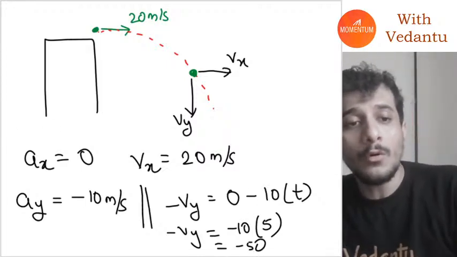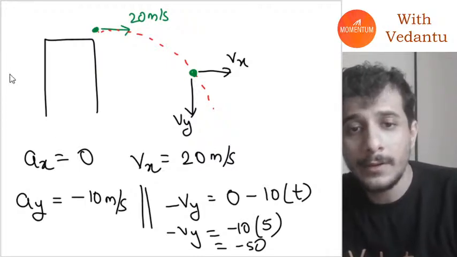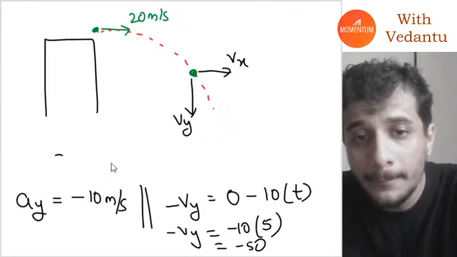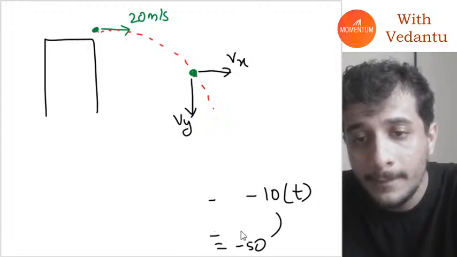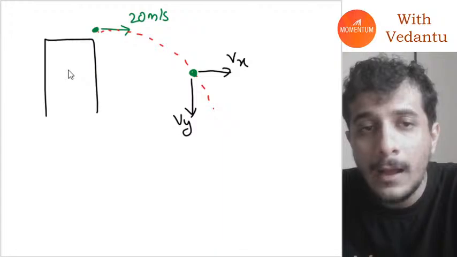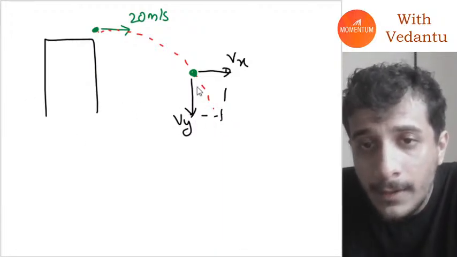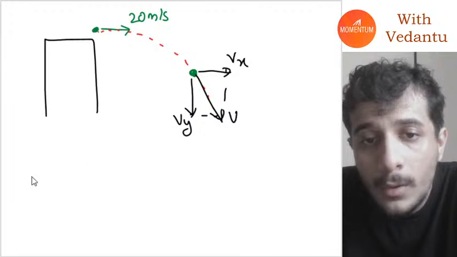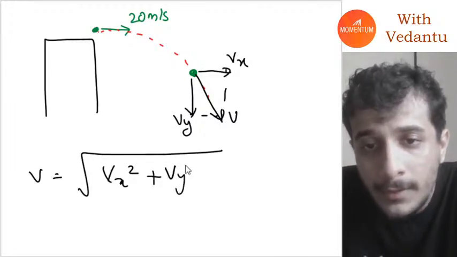Okay, so I can say that the net speed V will be nothing but under root of Vx square plus Vy square.